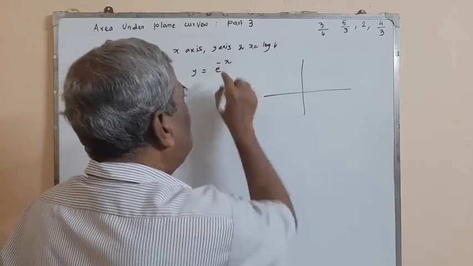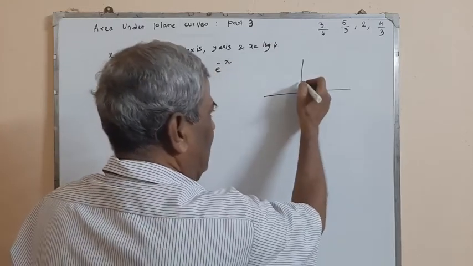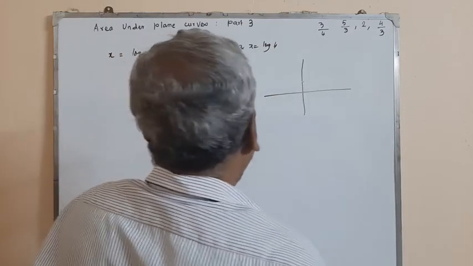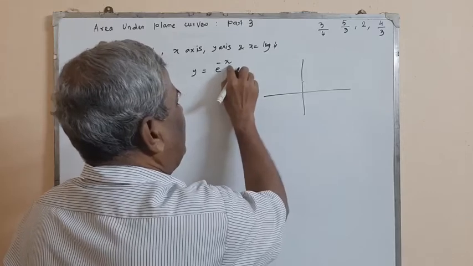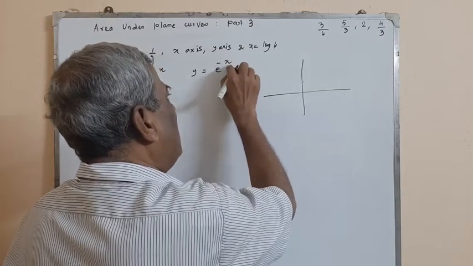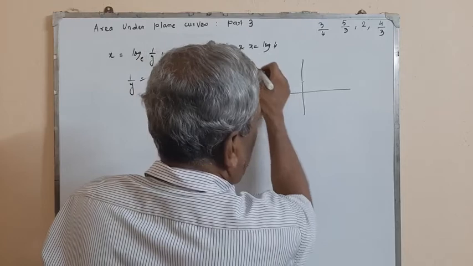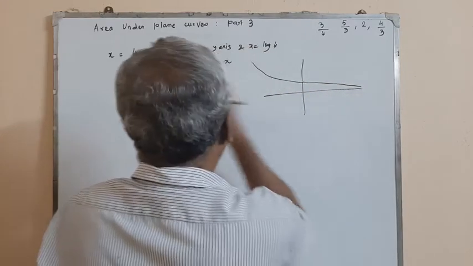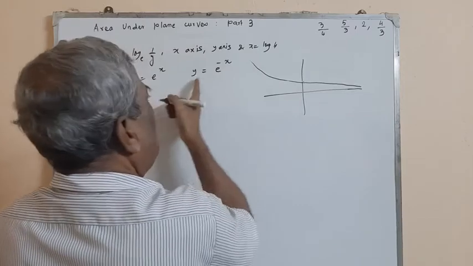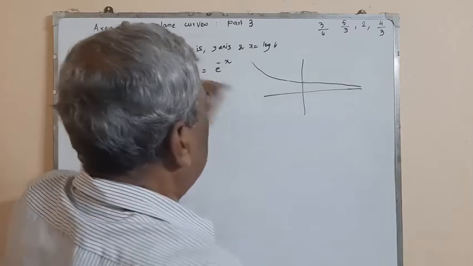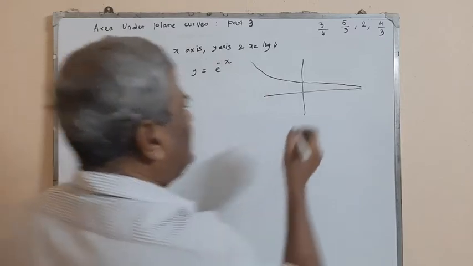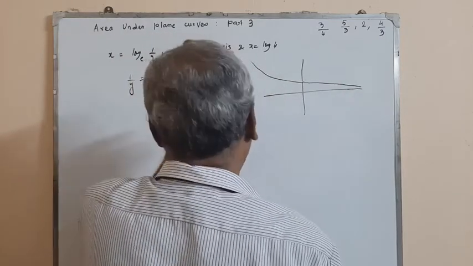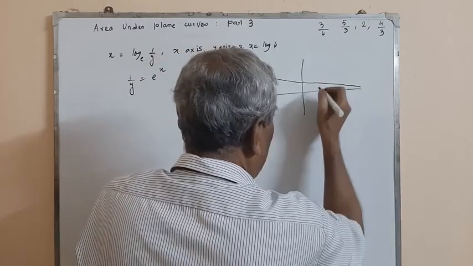At x is equal to 0, y is equal to 1. And when x tends to infinity, this becomes e to the power minus infinity, means 0. So the curve is of that type. X-axis is simply this one, y-axis is simply this one, and x is equal to log 4.